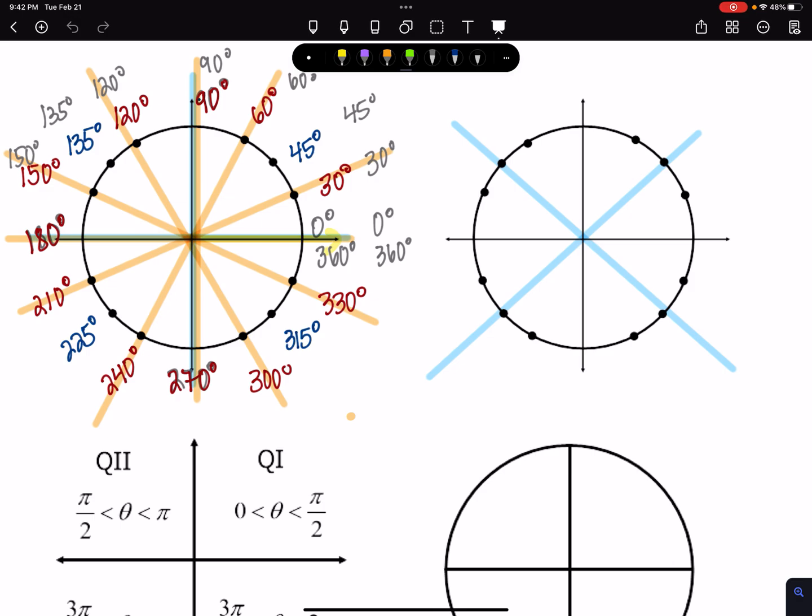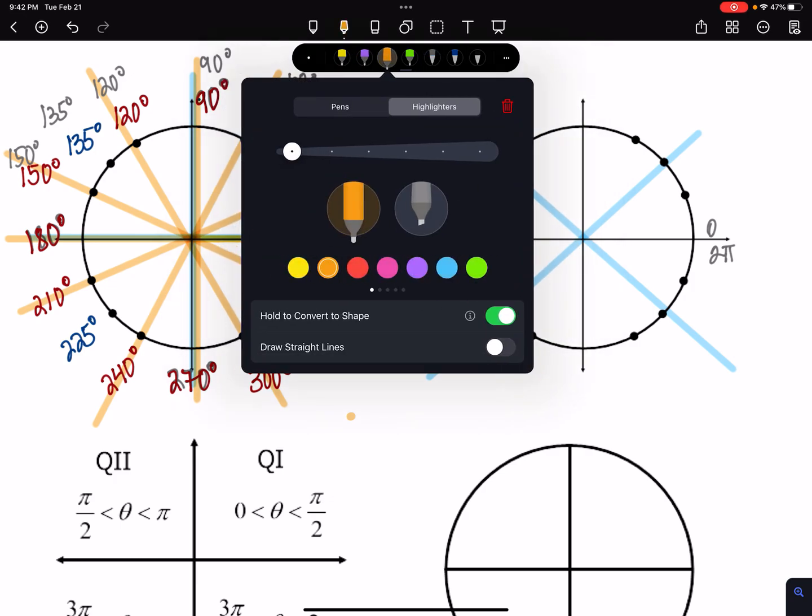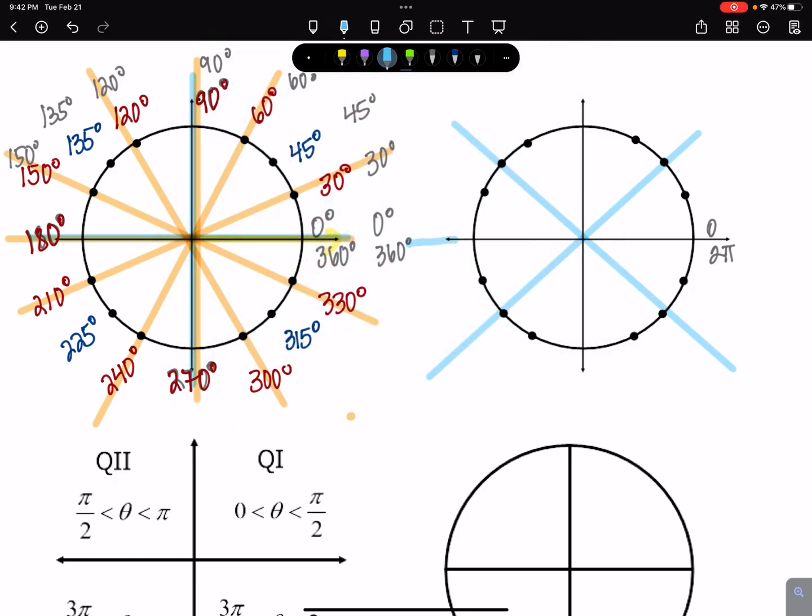Okay, now let's talk about radians. When we've got our radians, we start at 0, we end at 2 pi. If I cut my 0 to 2 pi in half, I'm going to get pi.